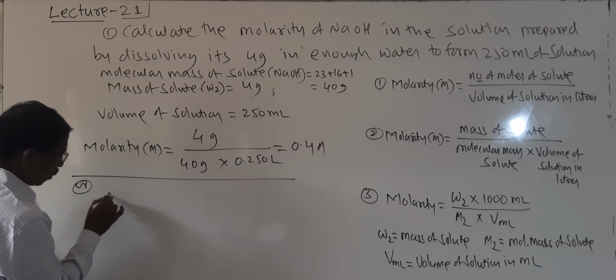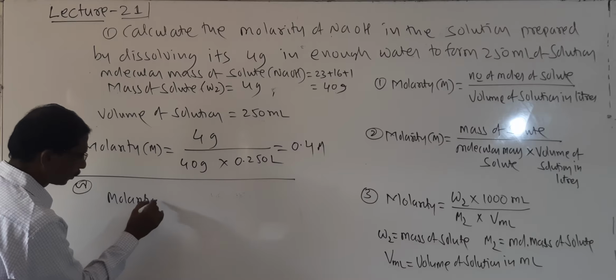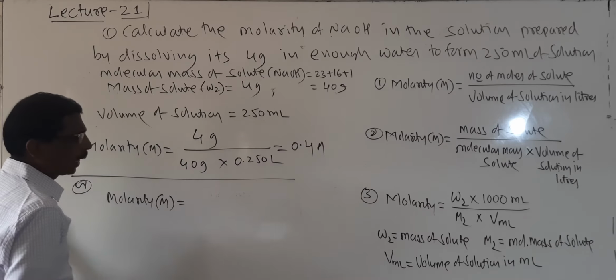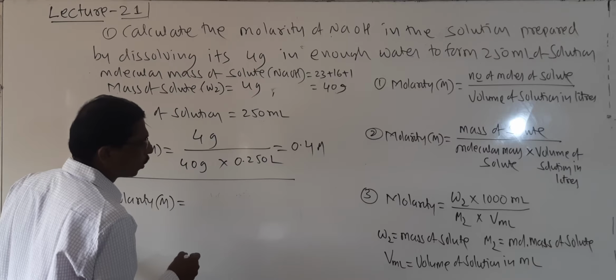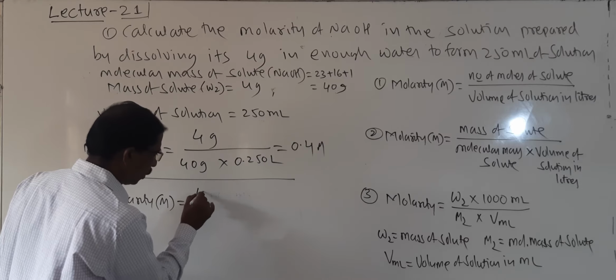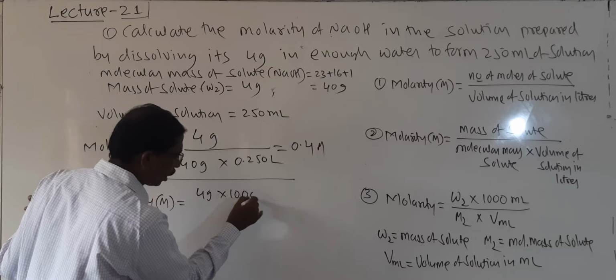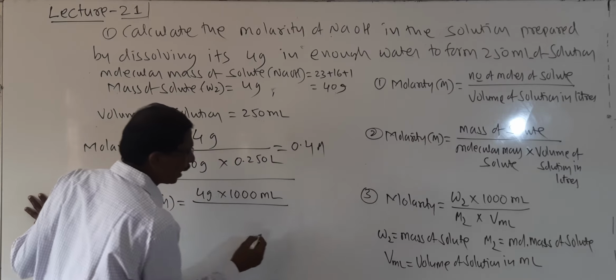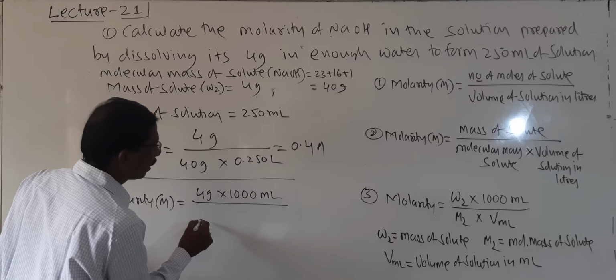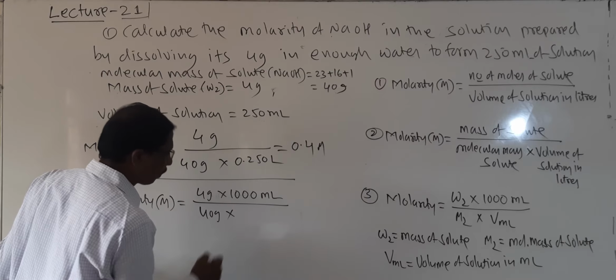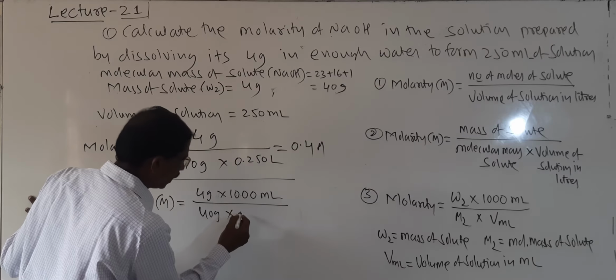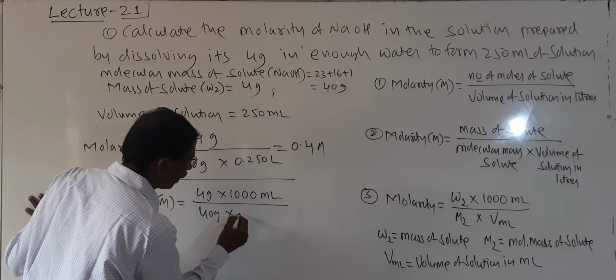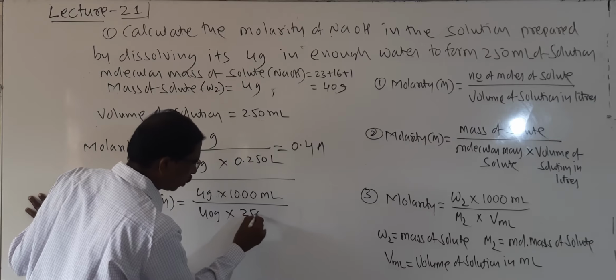or molarity is equal to W2, mass of solute 4 gram into 1000 ml divided by M2, mass of this NaOH 40 gram into volume in ml, 250 ml.